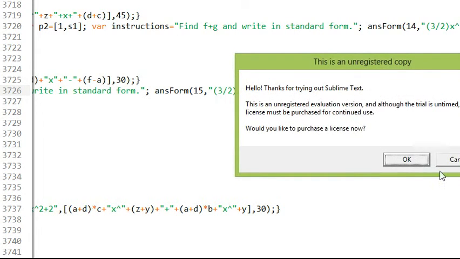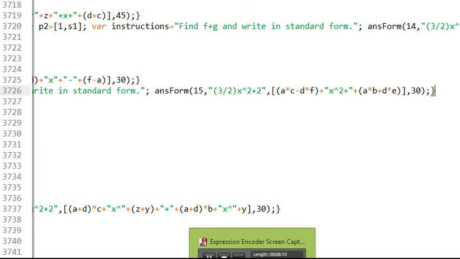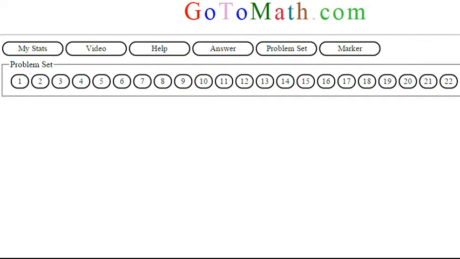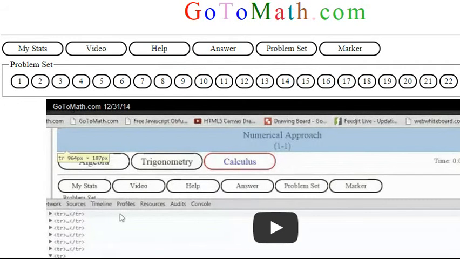Let's save that. Save it. Go back to the website. And we're going to have to reload this problem. That's okay. So you get to see the inner workings of what is going on here. Yes, the inner workings.